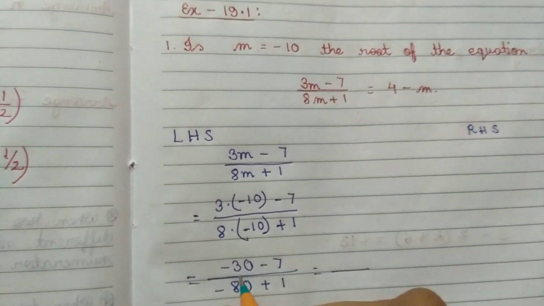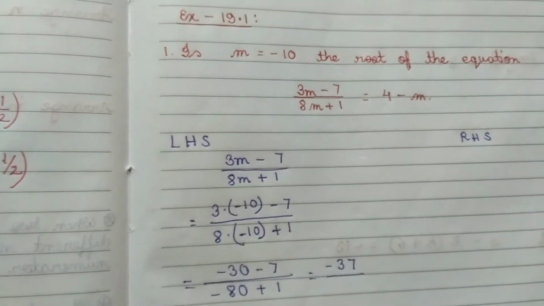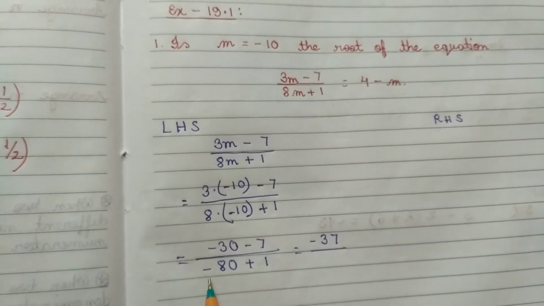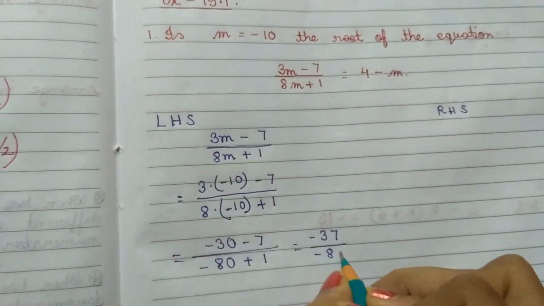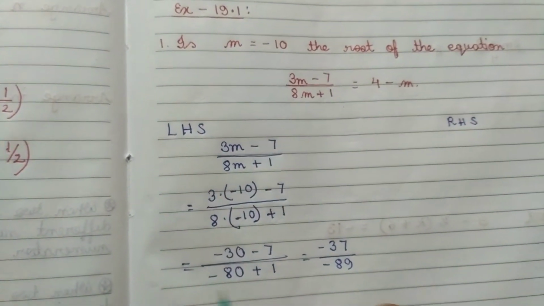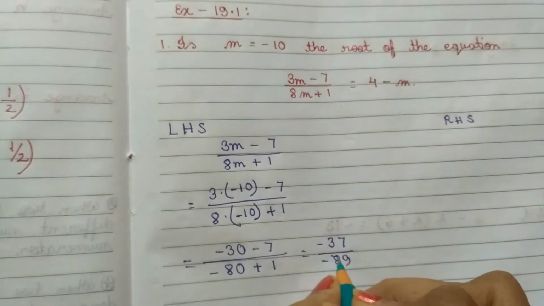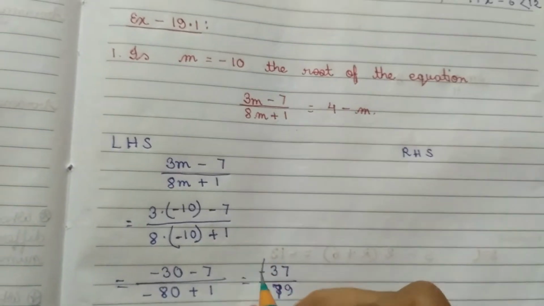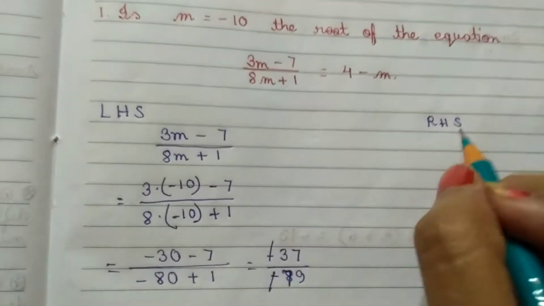Now minus 30 minus 7: minus minus becomes plus, so 37, and the sign will be minus. Now minus 80 plus 1: the sign will be minus as the greater number is in minus, and we will subtract. 80 minus 1 is 79. Minus minus will be cancelled out. We will get 37 by 79.